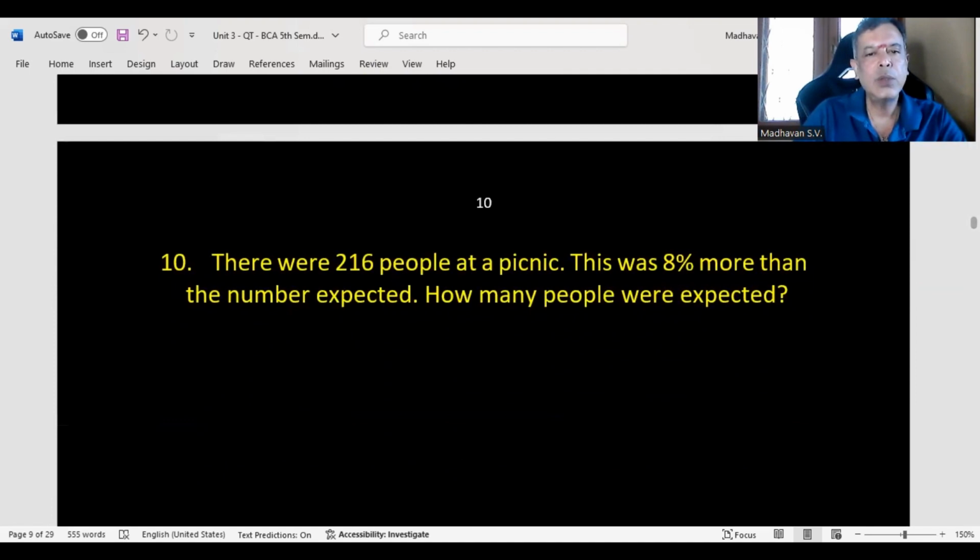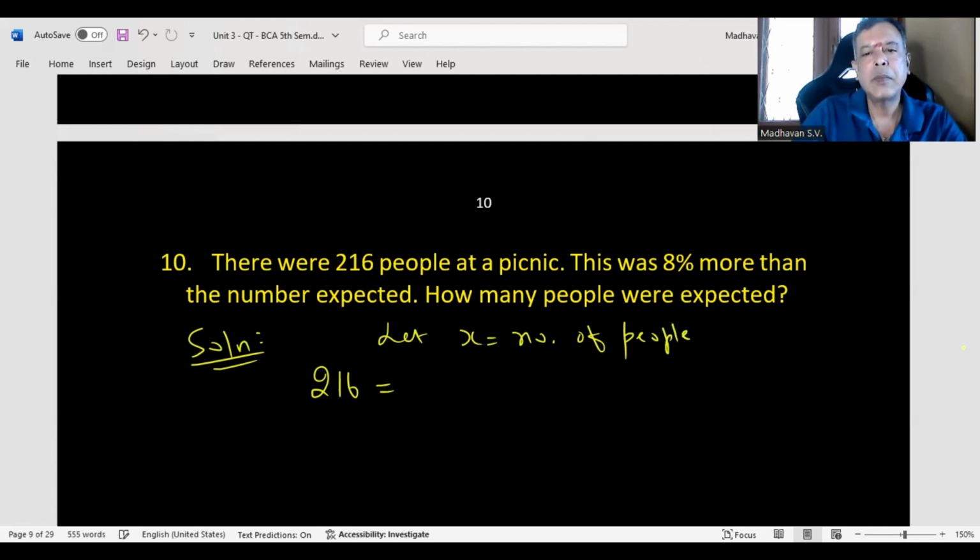There were 2016 people at a picnic. This was 8% more than the number expected. How many people were expected? From the question we can say 2016 is 8% more than the expected number. So let X equal the number of people expected.